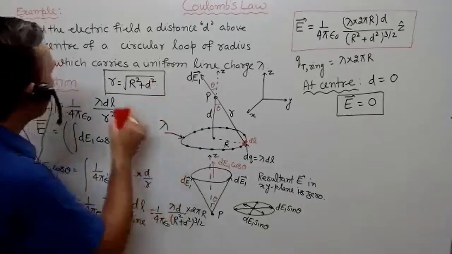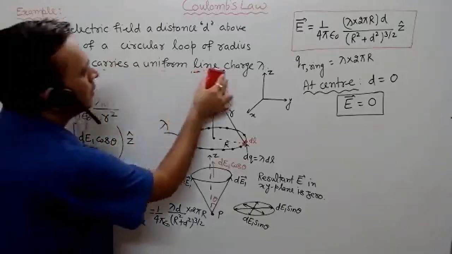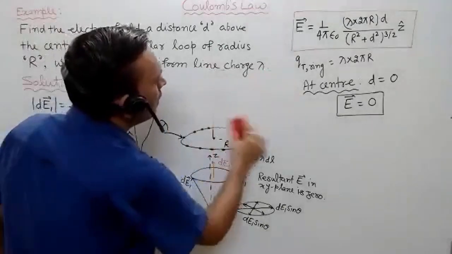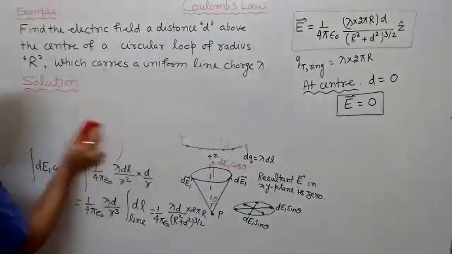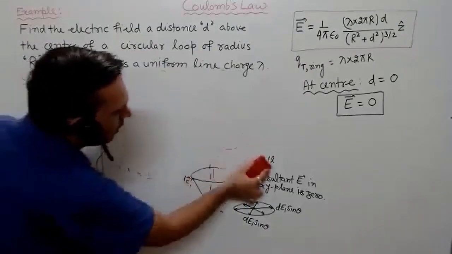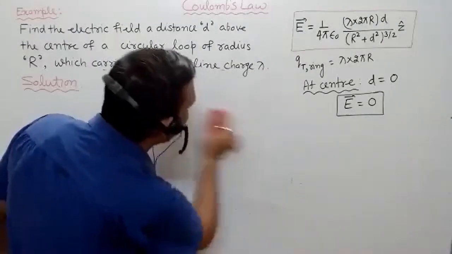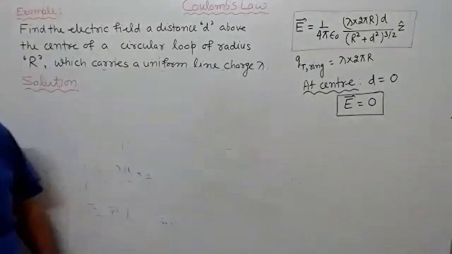We will see electric field due to disk. Again, we will use this relation. If you know field due to circular ring, you can find field due to disk.